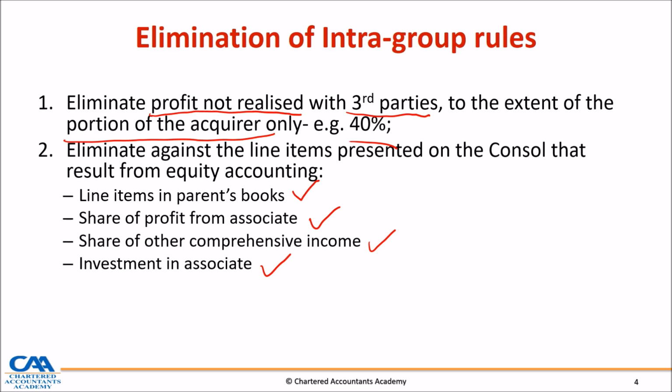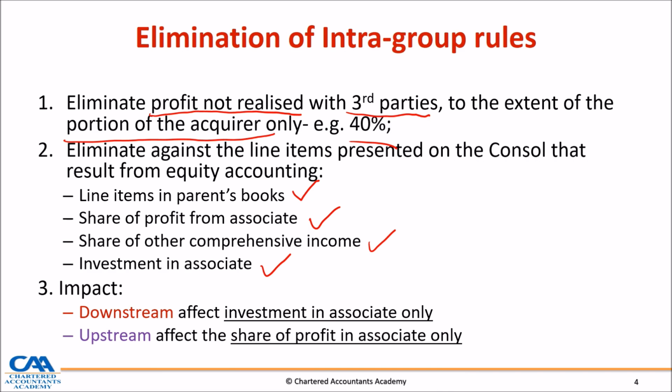So I also need to consider which line items in the parent's books have been affected. So those are the two rules. Number one, eliminate the profit which has been unrealized to the extent of the acquirer's portion. And number two, eliminate on each line item which has been affected.